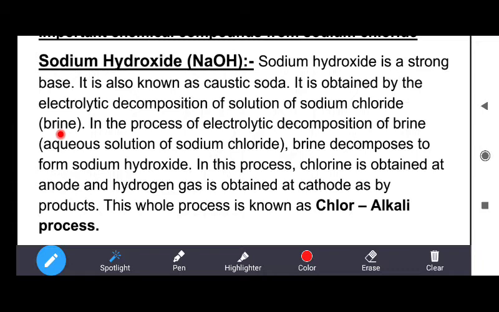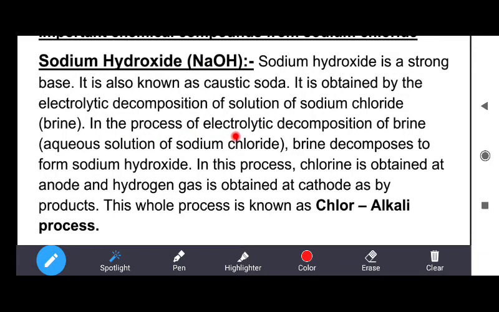When a saturated solution of sodium chloride is formed, the solution is known as brine. When we conduct the electrolytic decomposition of brine solution, sodium hydroxide is formed.